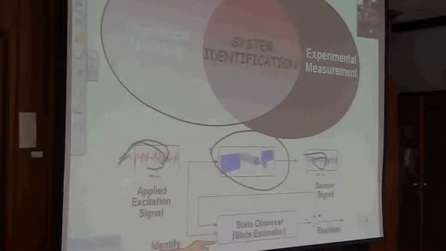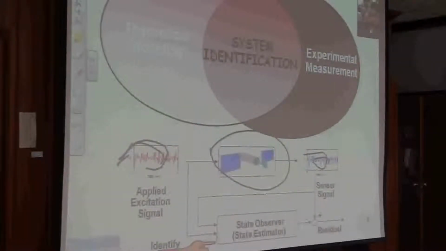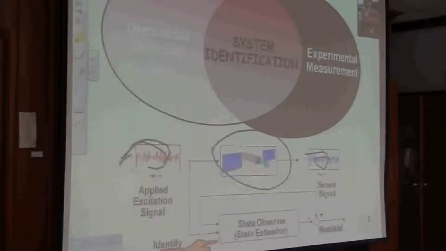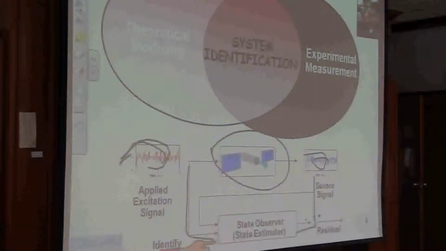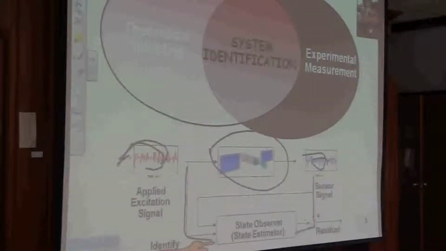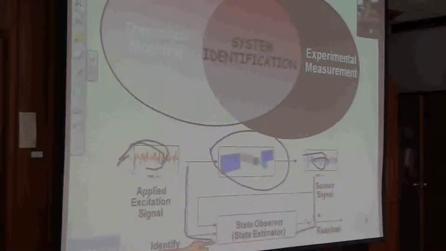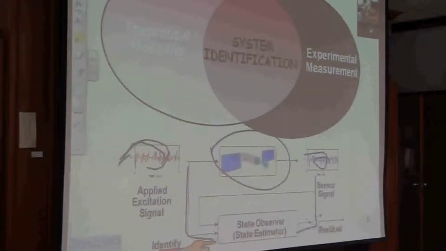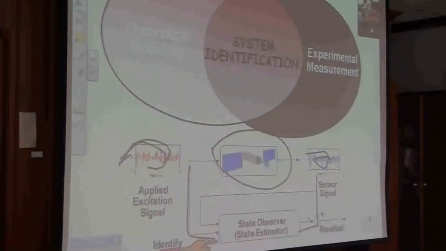I don't need to say any more about input and output, only that we know they're usually digital signals. But then with the input and output combined, we do a process called identification. With this process, we can construct a model which will not be exactly this model here.